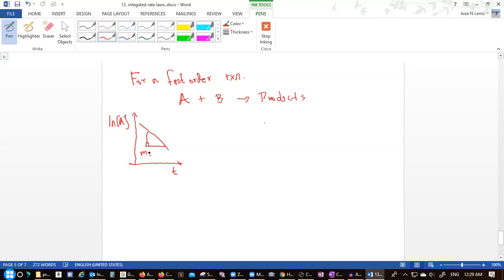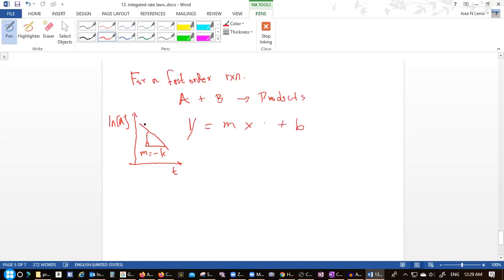The slope m happens to be the negative rate constant. So from here, let me write this. y equals mx plus b. That's the straight line equation.